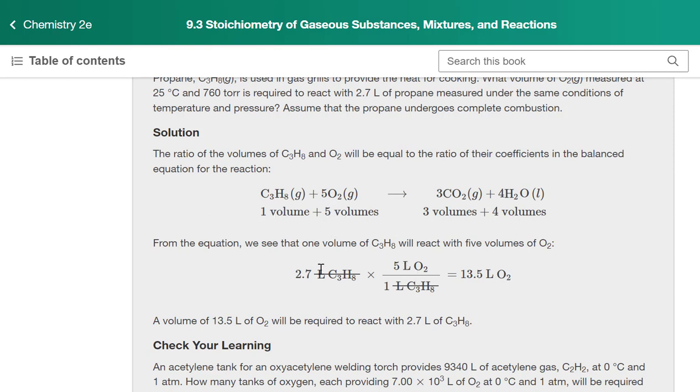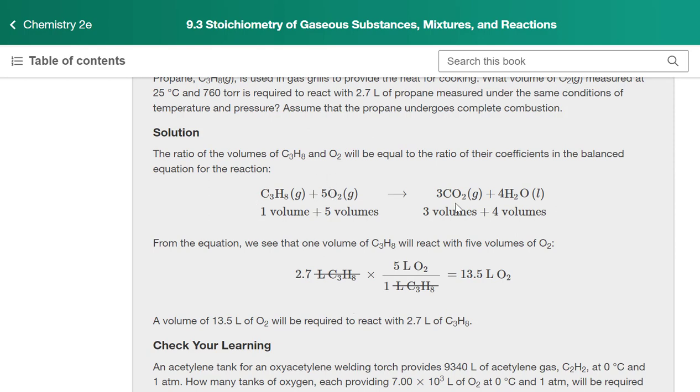Now we're saying volumes here, so we're saying liters, and you might be a little bit worried because we weren't really allowed to do this earlier. If we had a mass, we couldn't say mass to mass. But what we're doing here is we're saying, okay, when we do this, we know that for every amount we have of one thing, we have this ratio.